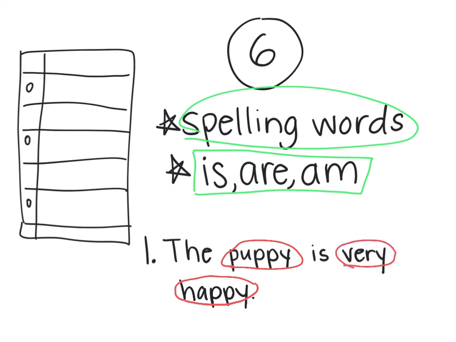So I circle them. And then I draw a box around the verb that I use, the form of be. Now my example sentence has 3 spelling words. You're welcome to use more than one per sentence. Or if you just happen to use one in that sentence, that's fine. But you're writing 6 sentences using spelling words and using these 3 verbs. Make sure to use is 2 times, are 2 times, and am 2 times.